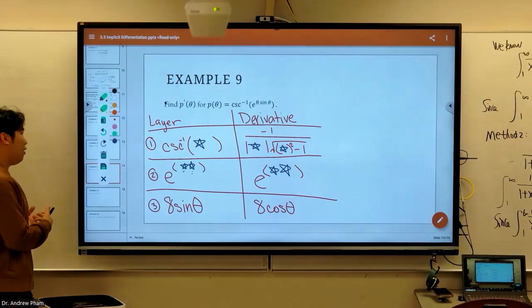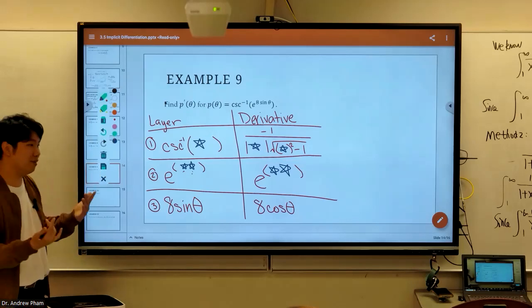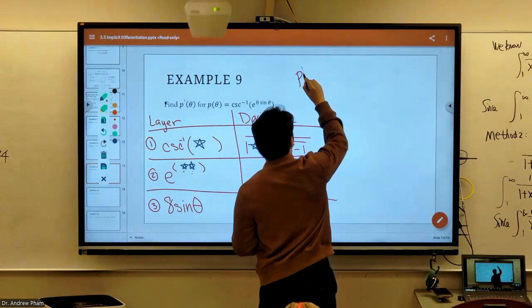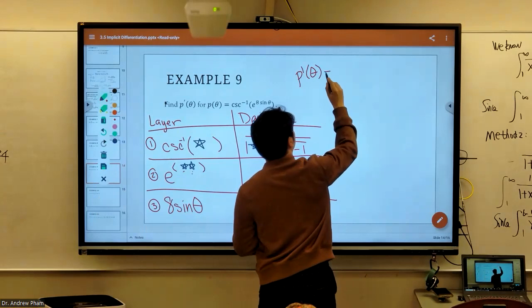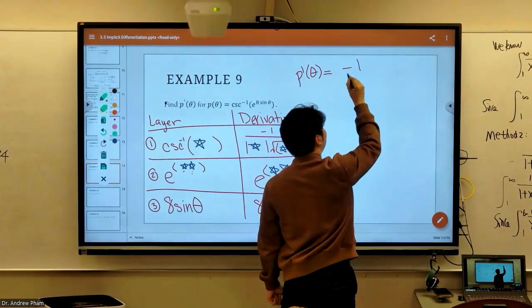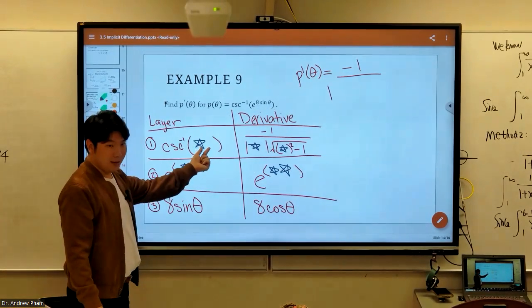All right, so we've done a lot of the hard work. Now all I gotta do is fill this in as one unified derivative. So p prime of theta, I have the first layer, -1 over the absolute value of whatever was in here.